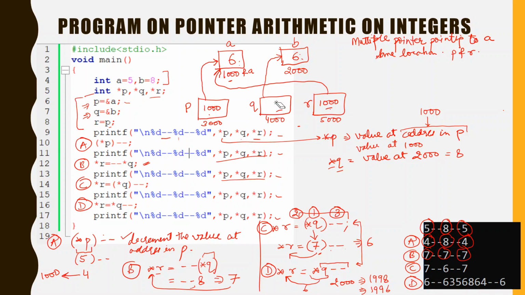So this 2000 gets decremented and now becomes 1998, suppose we take it like that. So this pointer, which was pointing to this particular location, starts pointing to location number 1998. It might not be assigned to any variable, so the value at this location would be garbage.